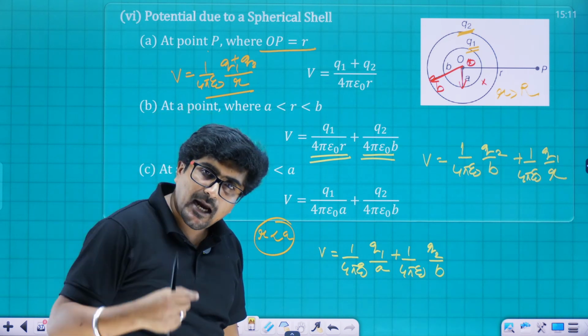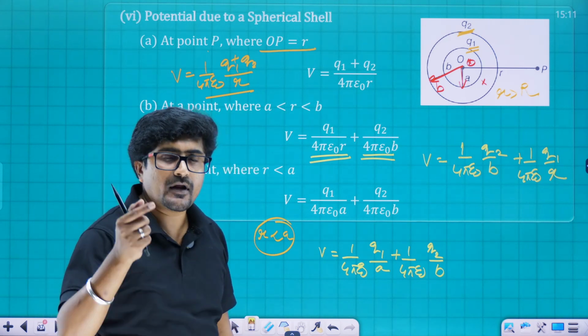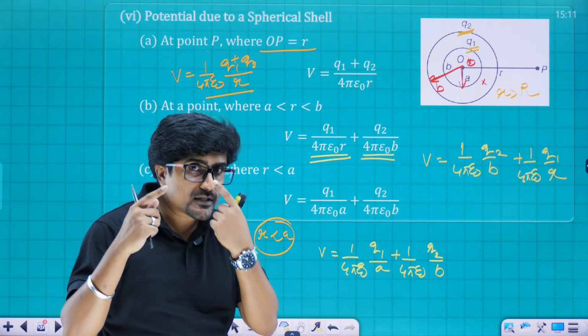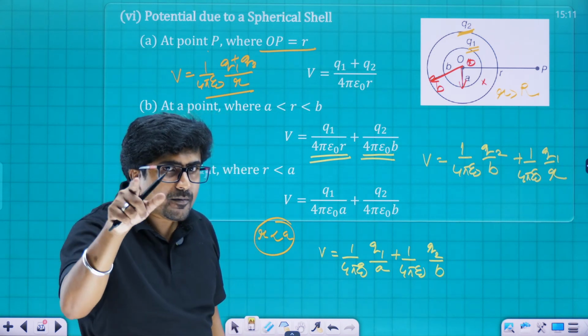For any point inside the shell, I repeat, for any point inside the shell, it is going to be the same as that of a point on the surface. It's very easy to remember that.